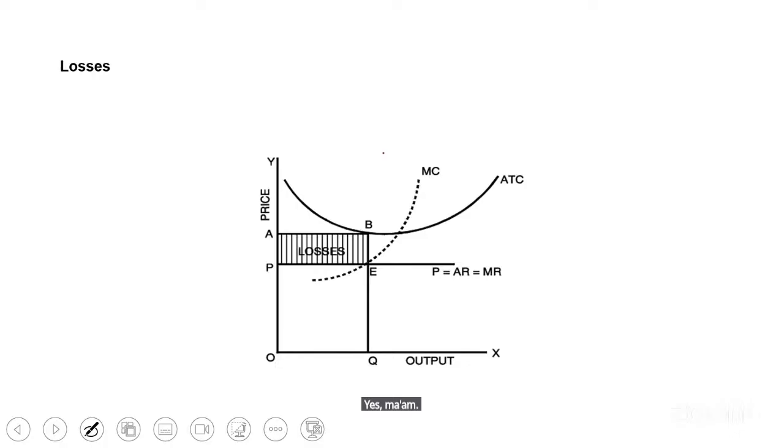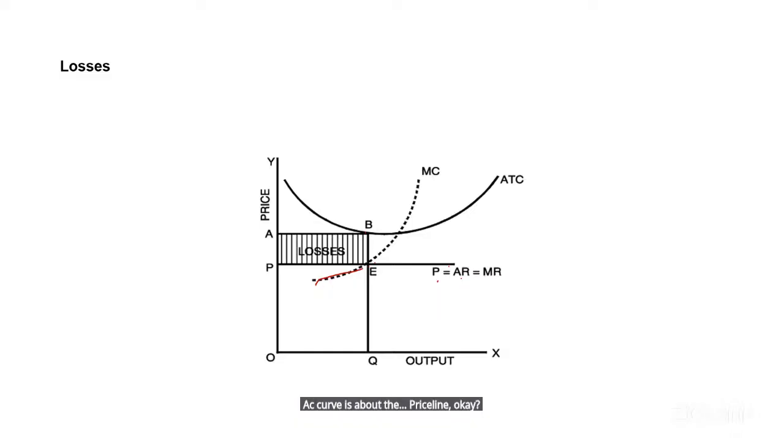Loss. Look at the diagram. We have price line. P is equal to AR is equal to MR. MC curve. And AC curve is above the price line. Okay.